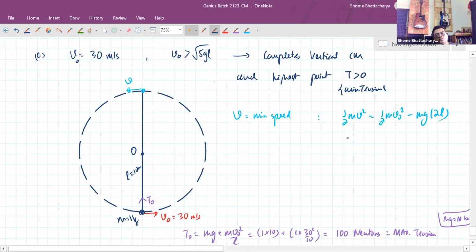So we have this is the speed at the highest point.